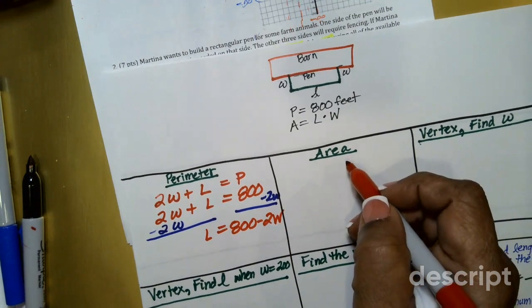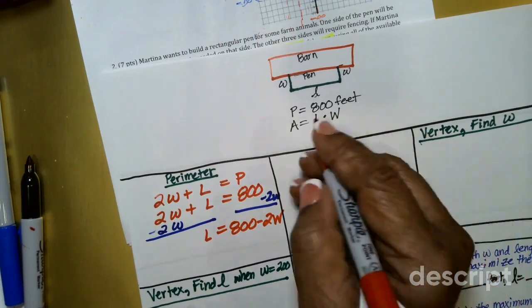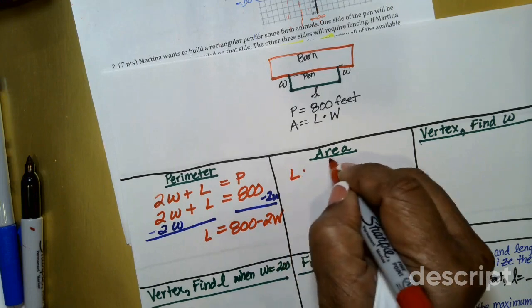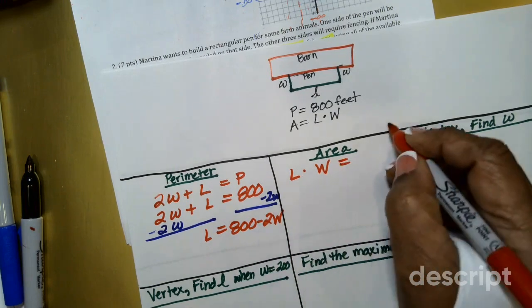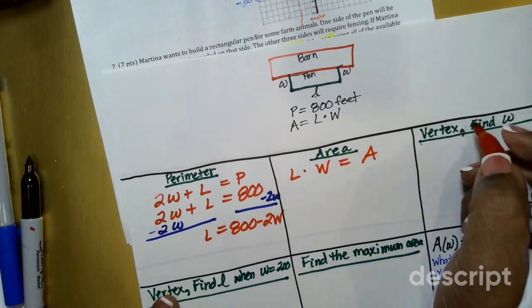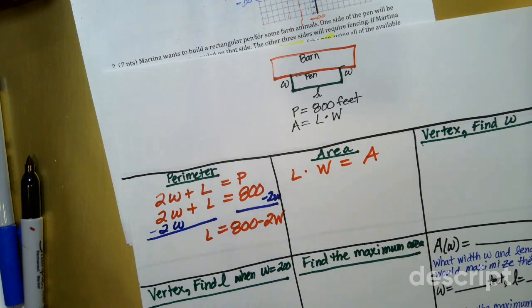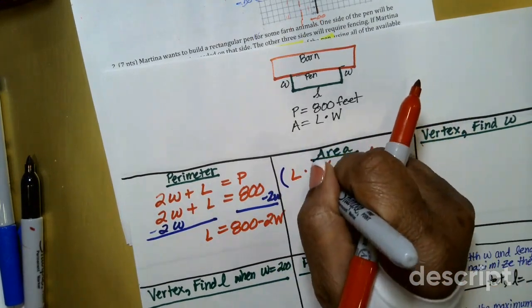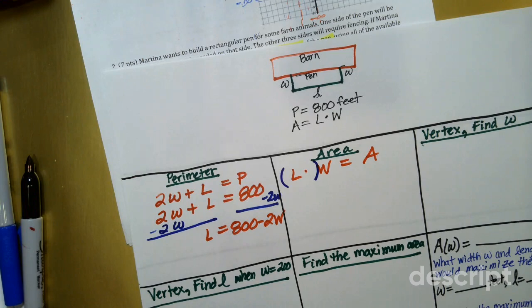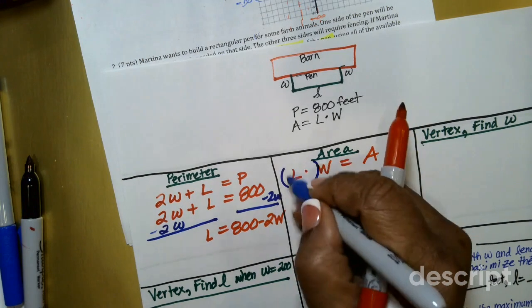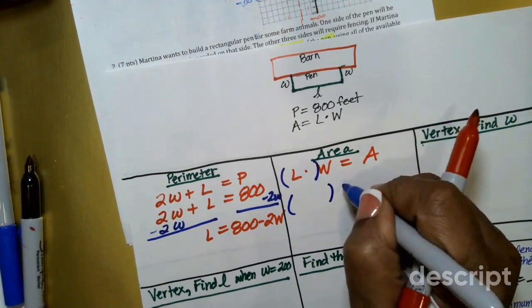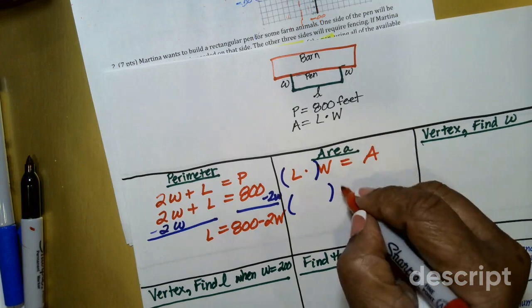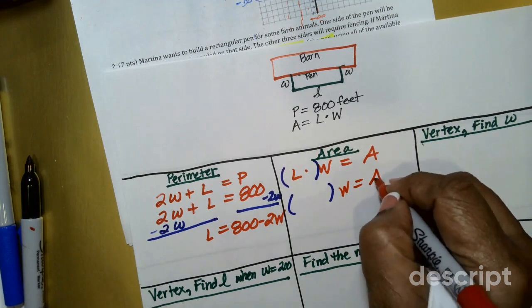Let's make this make sense. Let's find the area formula. We said length times width equals area. Now in place of length, we're going to substitute in what length equals in terms of W. Okay? And then we're going to copy everything else over.